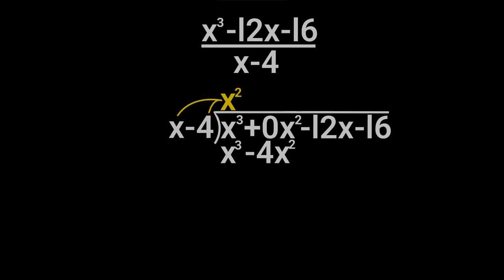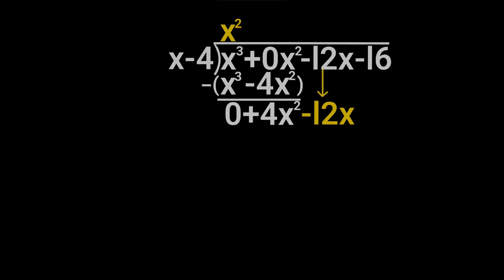X squared times negative 4 will be negative 4x squared, and then we're gonna subtract. Now x to the third minus x to the third will be 0, and then 0x squared plus 4x squared will be 4x squared, and then we're gonna bring the next value, that is 12x.